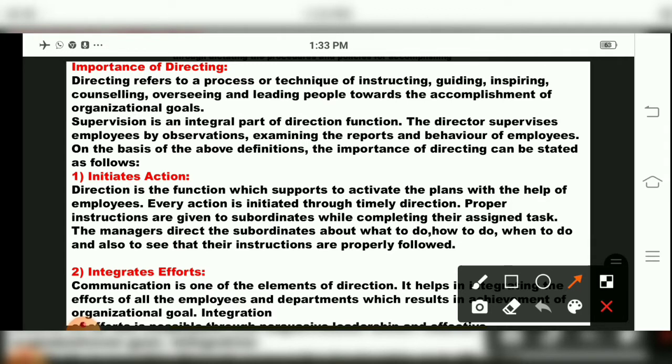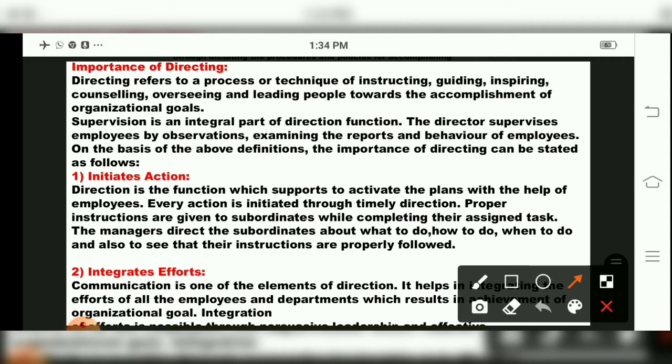Supervision is that part; in direction, supervision also comes. It is an integral part of management. So the director supervises employees by observing them, by examining them. He watches their work, their behavioral pattern, how they work, how they perform. Each and every employee is observed by the supervisor and then directed.